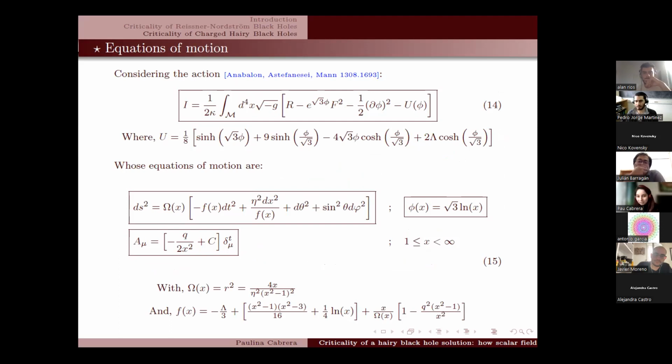I mean, you put a potential for the scalar field, and you were able to solve it exactly. So this is just like a fit. But do you have any idea why that potential in particular, or could you have deformed it a little bit, or is there an intuition you could tell me about this? Why that potential in particular, besides the fact that you can exactly solve the equation?